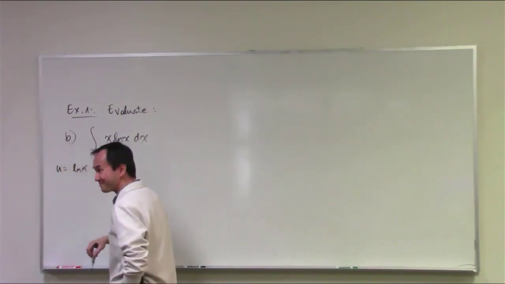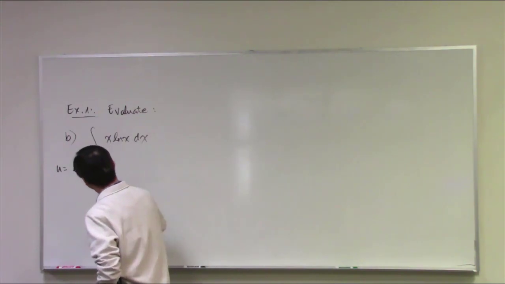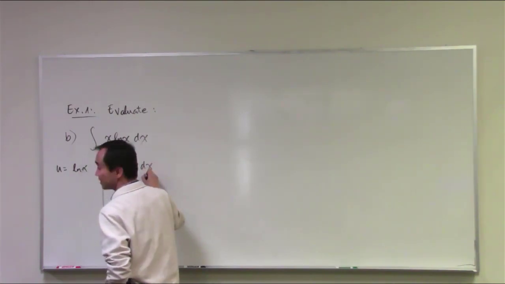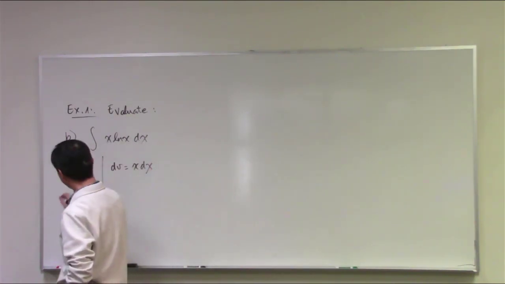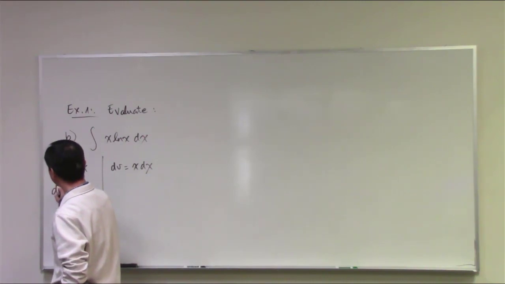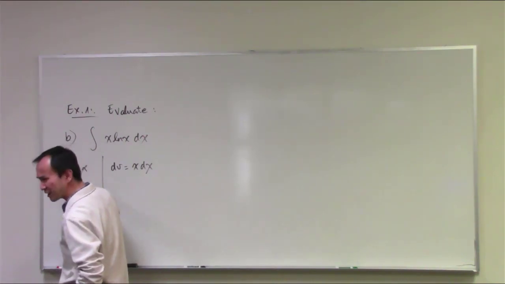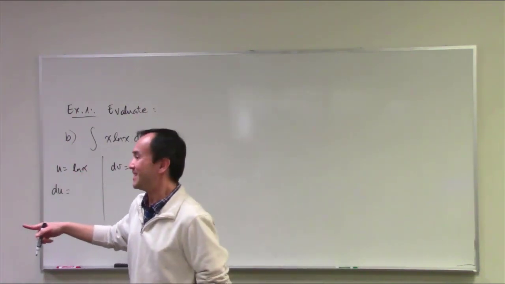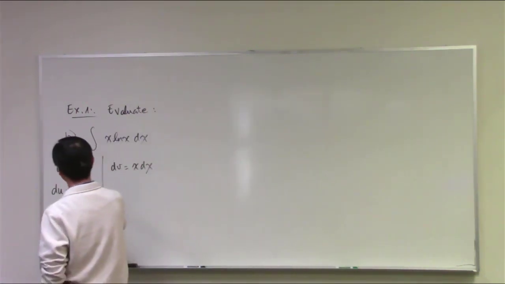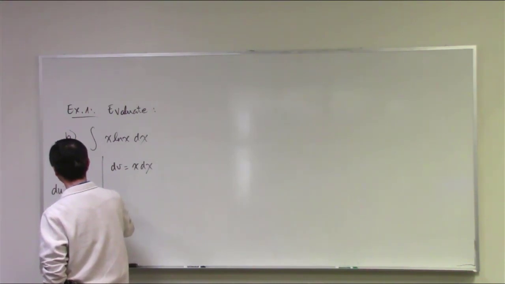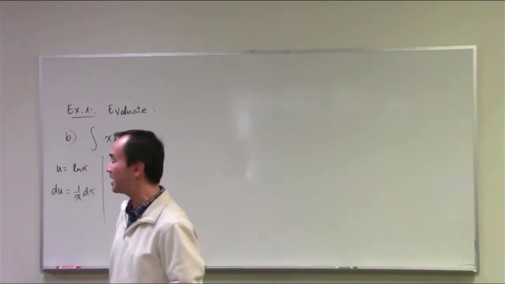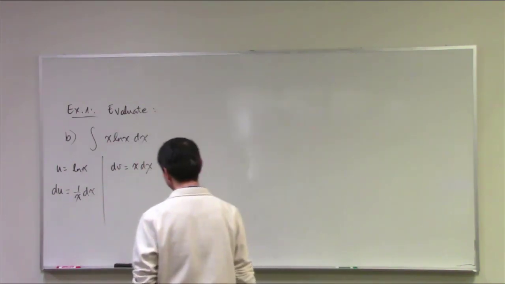And then everything else, including the dx, is dv equals x times dx. When you take the derivative of this logarithm, you get du. What is that equal to? Calculus 1 stuff: 1 over x. And we write it in differential form, the derivative times the dx.